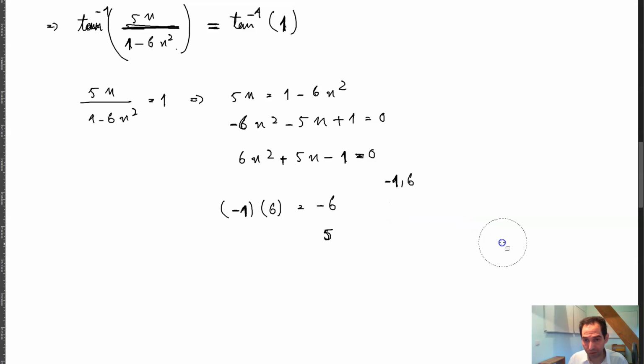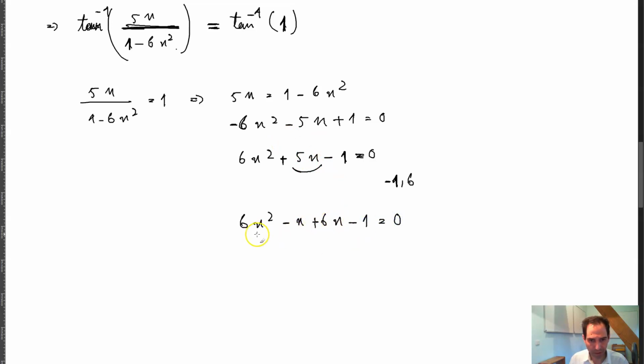Now I need to use these two numbers in order to rewrite the middle term of this equation, meaning that I need to write 6x squared minus x plus 6x, which is the same thing as 5x, minus 1 is equal to 0. Then take these two together and these two together and factorize.